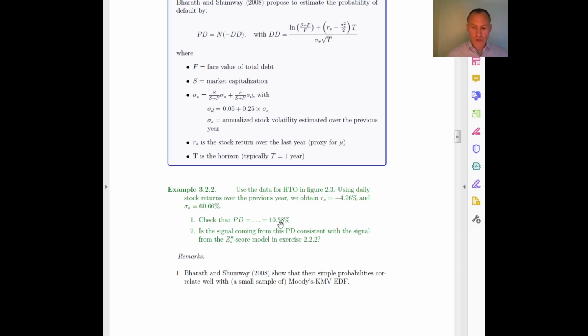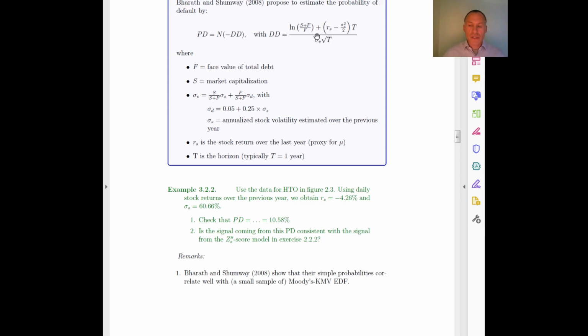So go back to that exercise we did in a previous chapter and think whether this 10.58% of the probability of default is consistent with the z-score that we had up there and with the rating that we had up there. Okay, we can discuss this further in class. You will find that the value is reasonably consistent. Okay, it's not totally precise, but it's in the right ballpark.